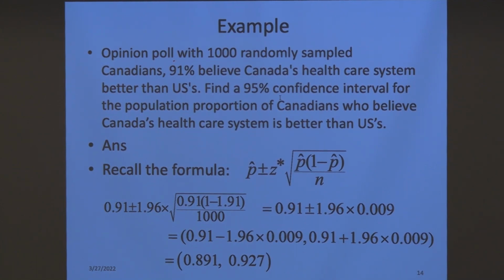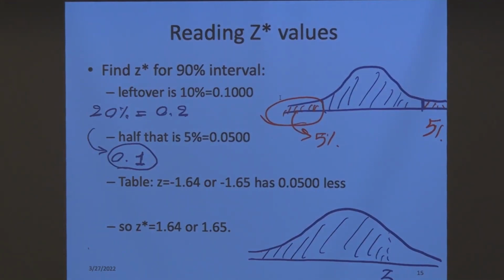That doesn't mean that there is a 95% chance that the population parameter is in this interval. We shouldn't talk about this interval that way, because when we talk about the concept of confidence interval, we are talking about repeating this process many times, and 95% of the times, the population parameter is going to be in the interval, right?